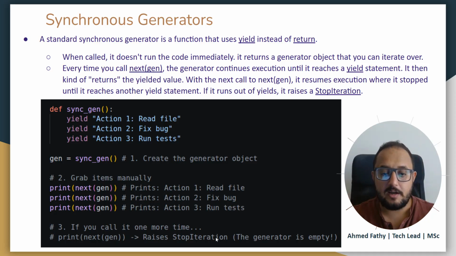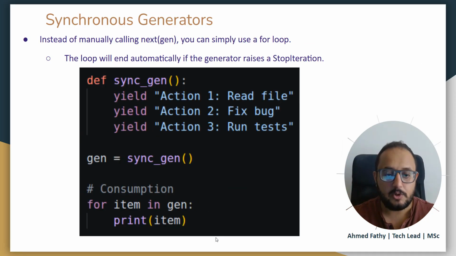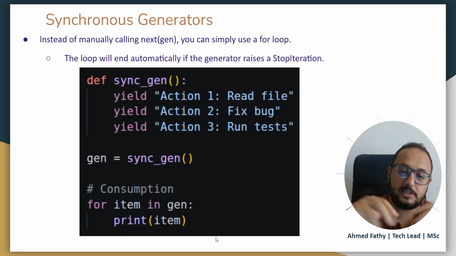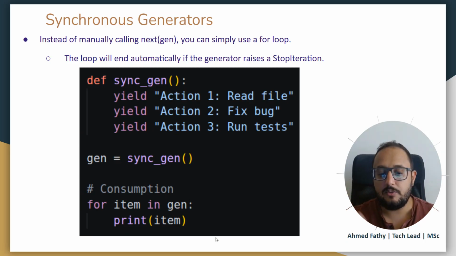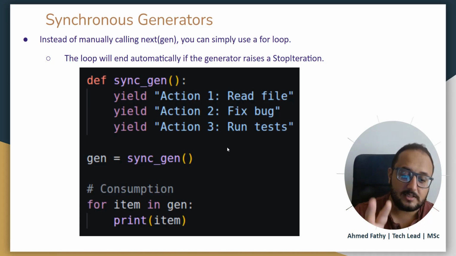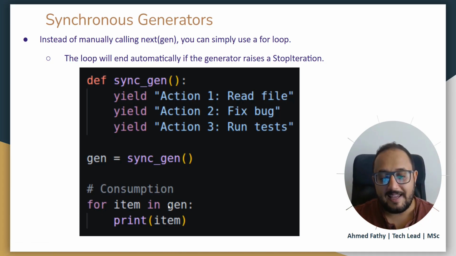This looks weird. Why don't we just use functions? We'll talk about this now. But before that, instead of manually calling next(gen), you can simply use a for loop, and the for loop in Python is smart enough to end the loop automatically if the generator raises a StopIteration. So here you will not see the StopIteration. This is just a for loop, for item in gen.